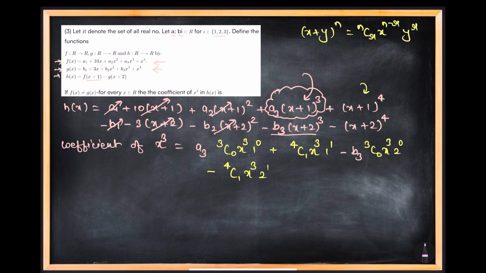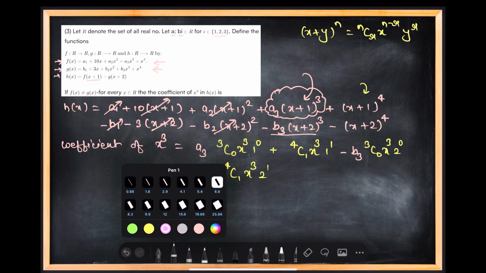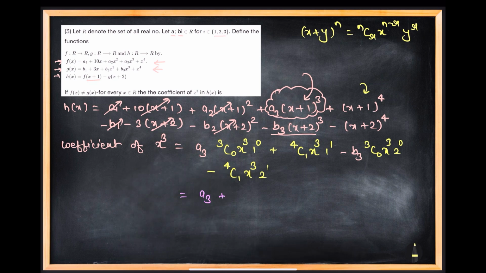So we got a3, 3C0 is 1, x power 3 we don't want, and 1 power 0 is nothing but 1. Now plus the second component 4C1, which is nothing but 4, x power 3 we don't want, and 1 power 1 is 1 only.